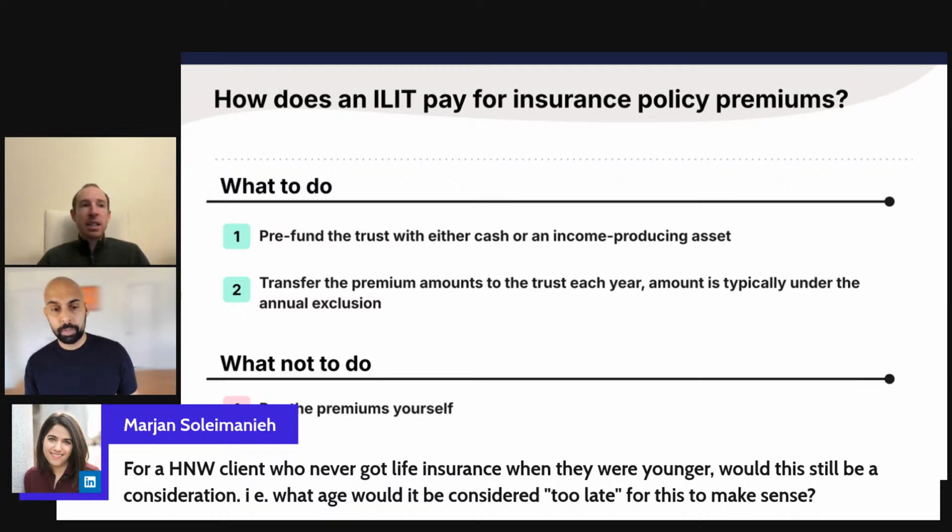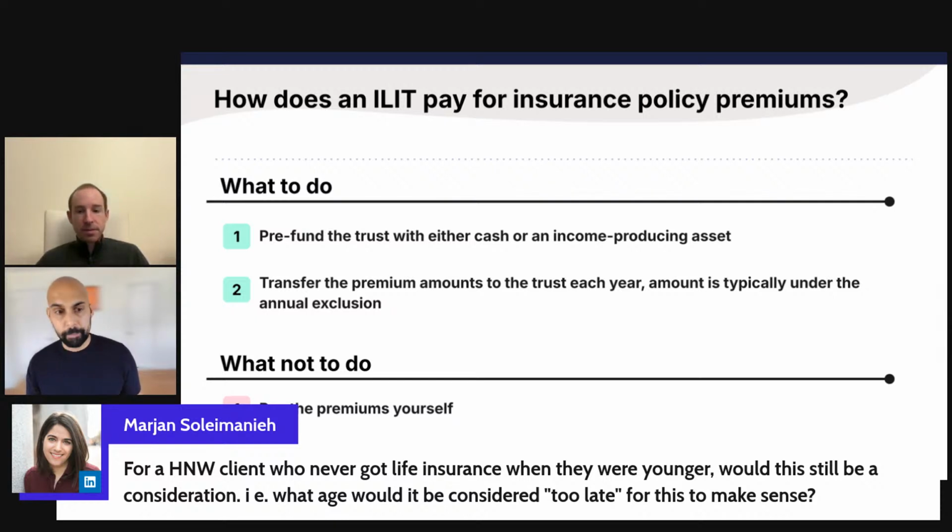But some of these other types of policies, like PPLI, can still make sense for people in their 50s, definitely 40s, because they're less focused on death benefit and more focused on the investment components. The death benefit piece is relatively small, so even if it would be relatively expensive, it wouldn't be that bad in the grand scheme of things.